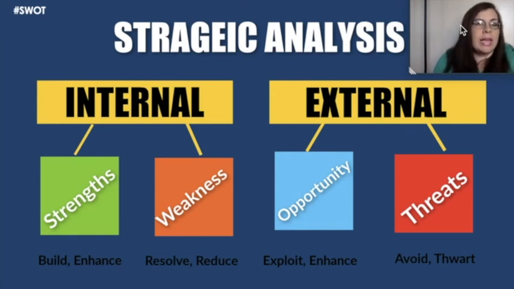A big one is communication. If one of your weaknesses is communication, then you need to start addressing that, because that's a major part of entrepreneurship. You have got to be able to communicate. So some solutions to that would be joining a Toastmasters group in your community, or joining a virtual networking community where you can practice public speaking in a virtual capacity.